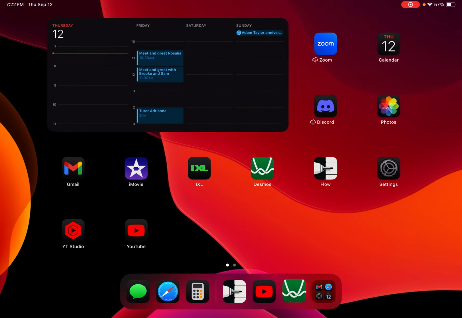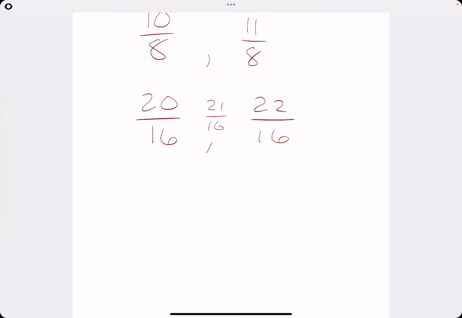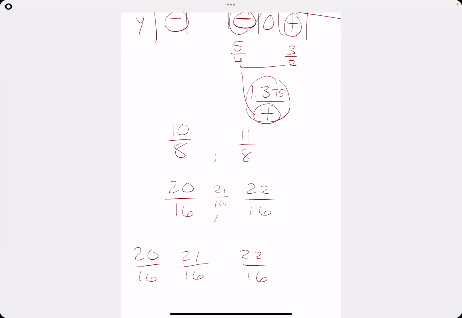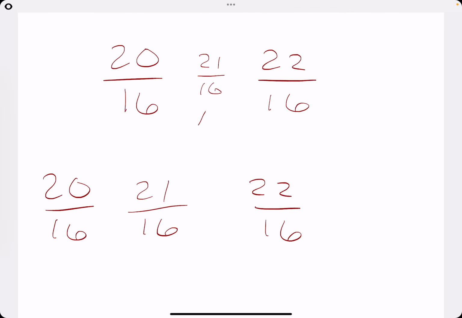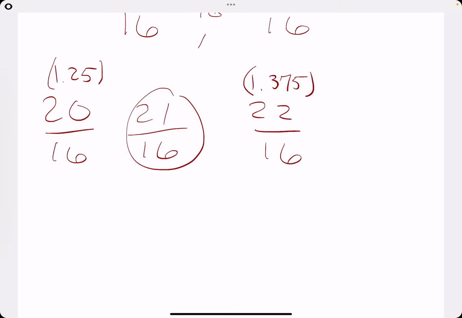So what does that mean? It's very clunky. I'm very sorry for this. Probably could have done this a lot cleaner, but at 21/16, there's 20/16, 21/16, and 22/16. Just to translate here, let's make sure I get this right, 1.375 was 22/16, and then I think 1.25 was the 20/16, and so this was 21/16.